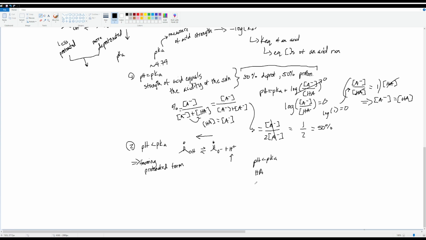We also have our RNH3 plus, where this is more of our carboxylic acid, and this is our amine.